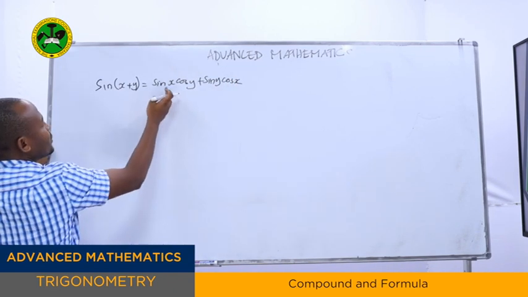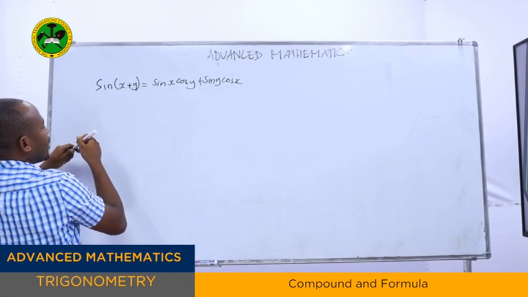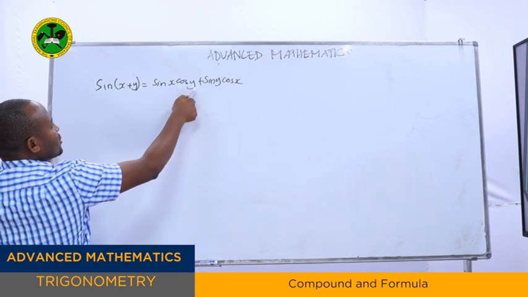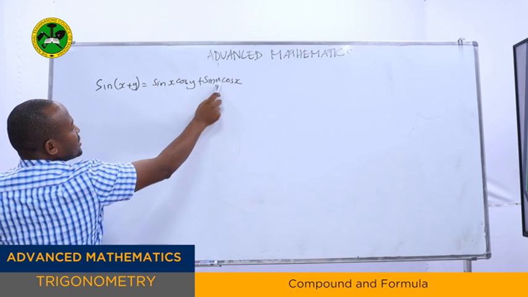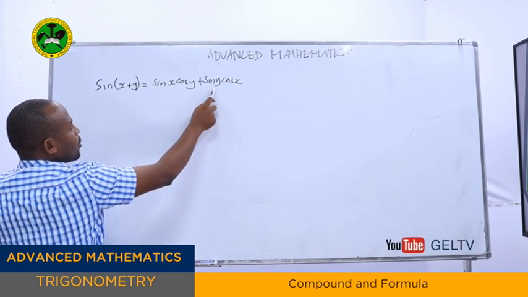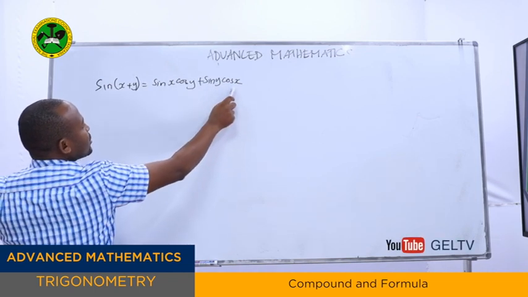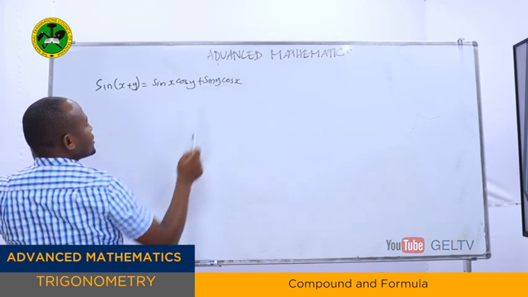And sine of x minus y will be sine x cos y minus sine y cos x. As you can see, the positions have changed: sine y and sine x, cos y, and where it was cos y, now it is cos x.